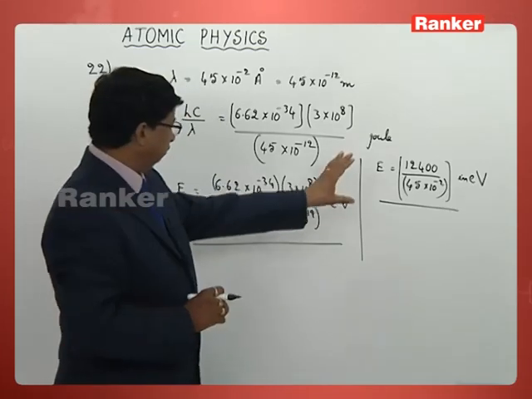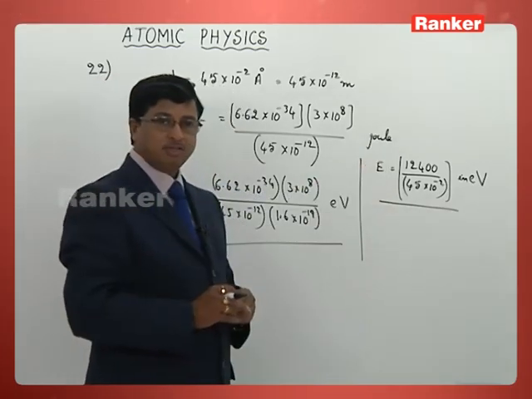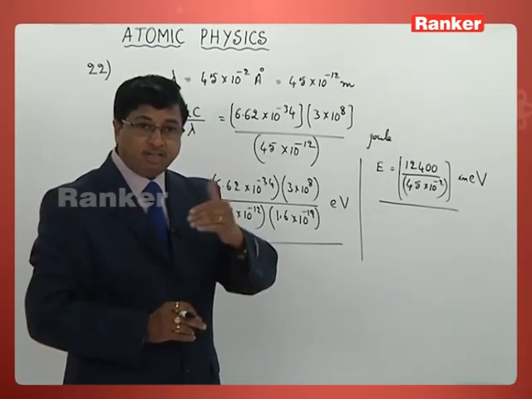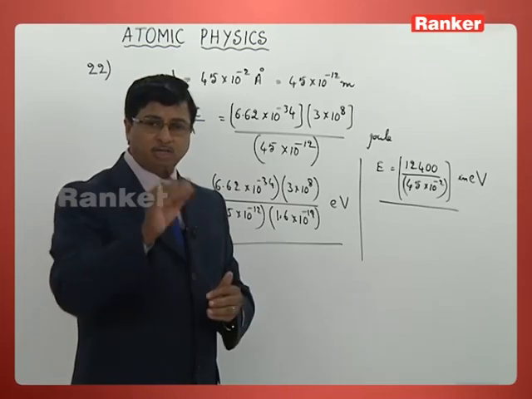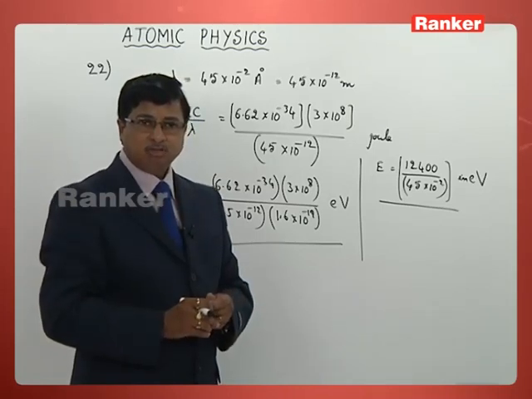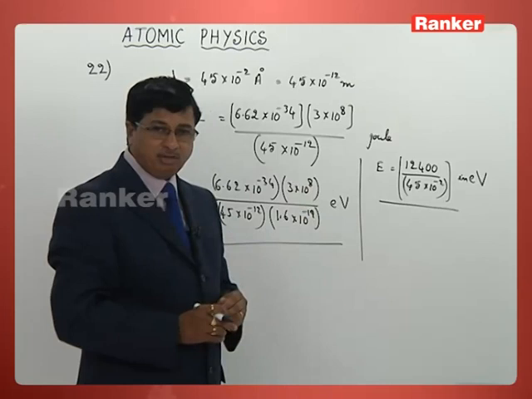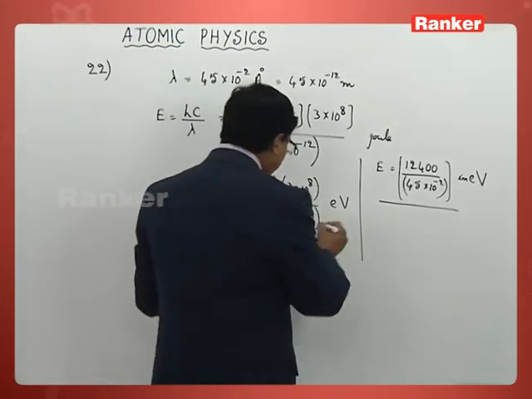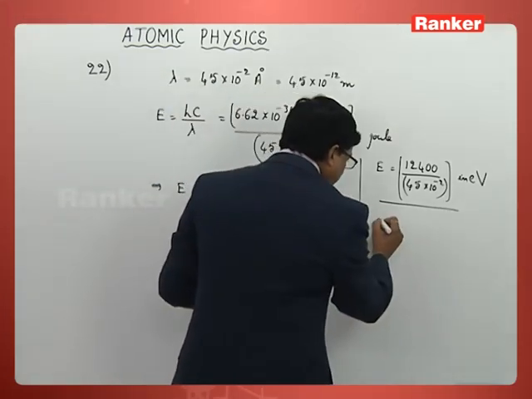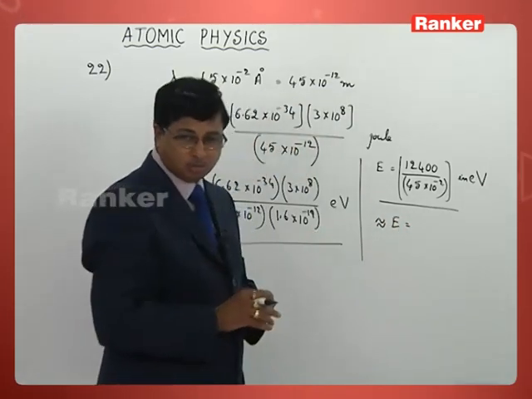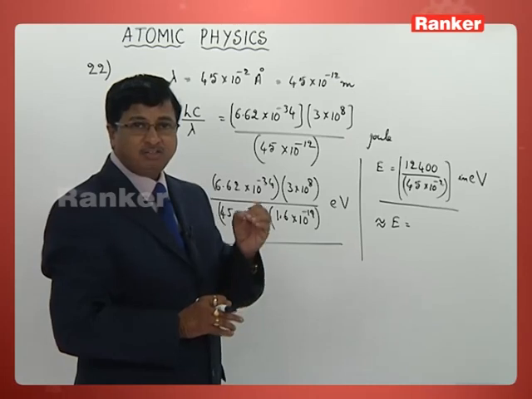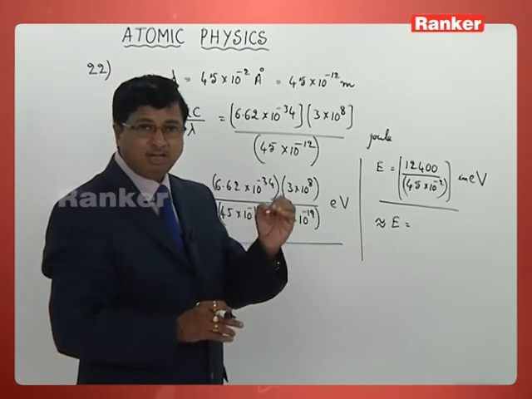Therefore, estimate like this. Whichever option is nearby your calculated value, come on, adopt that answer. So, which value are you going to get nearly? Whether you calculate this way or this way, that energy will be nearly equal to 27,580.